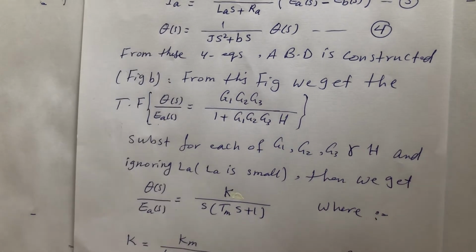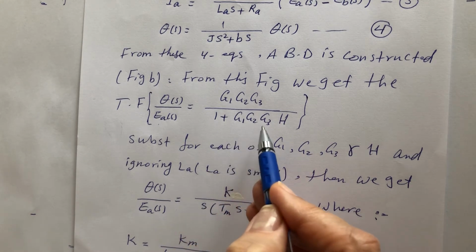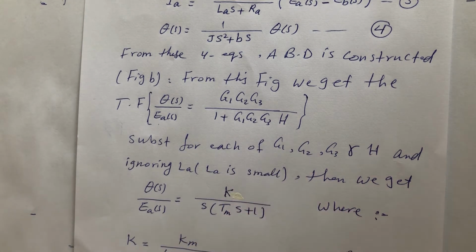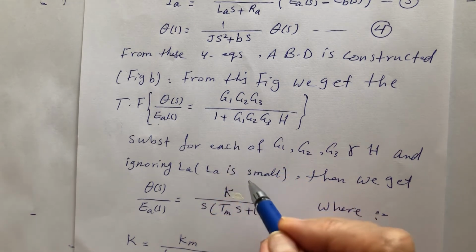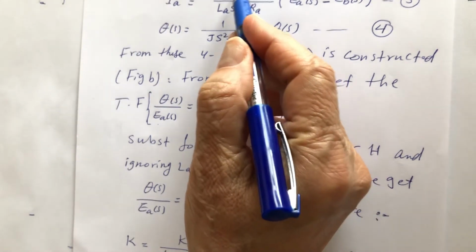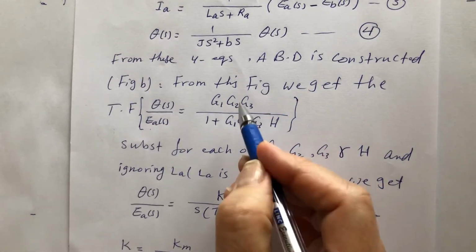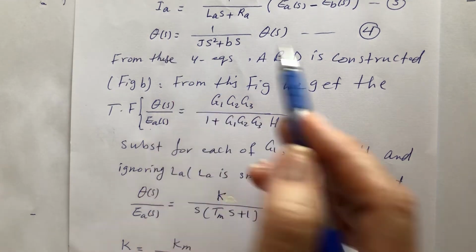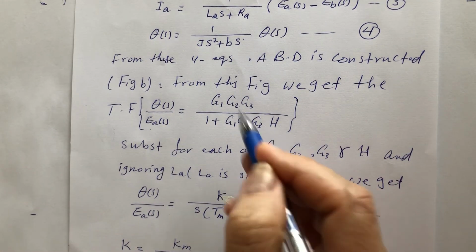This equals G1 G2 G3 over 1 plus G1 G2 G3 times H. G1 is equal to this one, G2 equals K of the torque, G3 equals that one, and H equals KB times S.